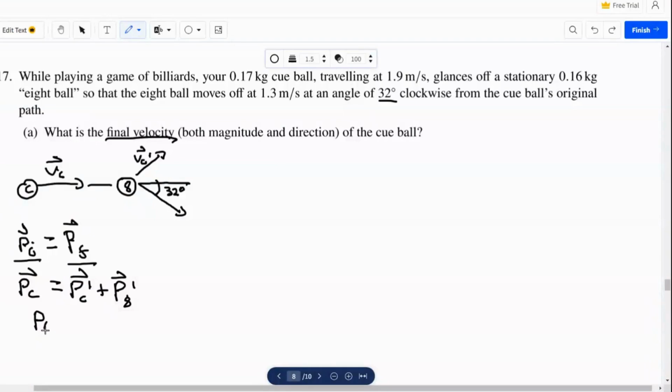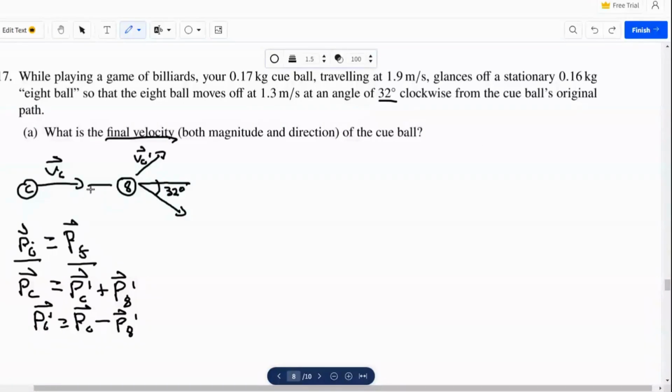Now PC prime would be equal to PC initial minus the momentum of the 8 ball at the end. In order to do this, we have the initial momentum of the cue ball, which is just mass times velocity, and we have the final momentum of the 8 ball, and we need to find the final momentum of the cue ball.